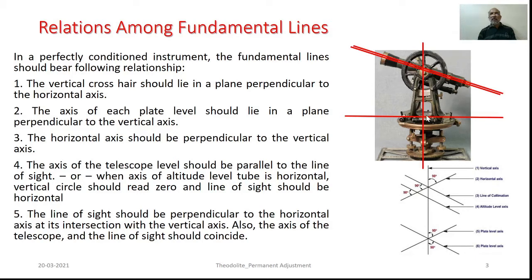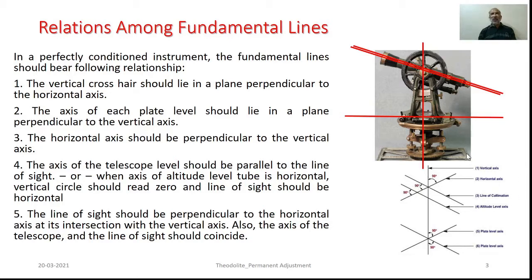The axis of each plate level should lie in a plane perpendicular to this vertical axis. The horizontal axis should be perpendicular to this vertical axis.